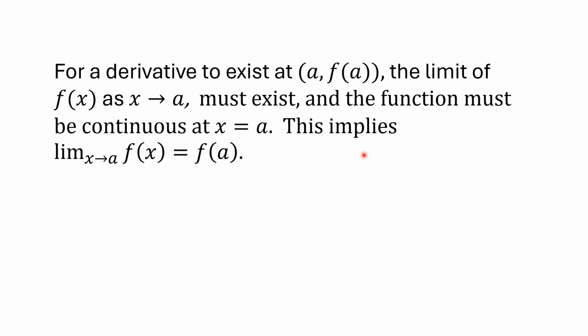There is no derivative at the point at which it turns around. And the function must be continuous at x equals a. So this implies that the limit as x approaches a of f of x must be f of a.